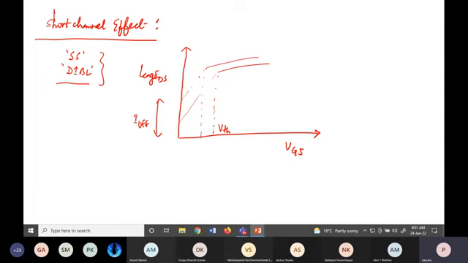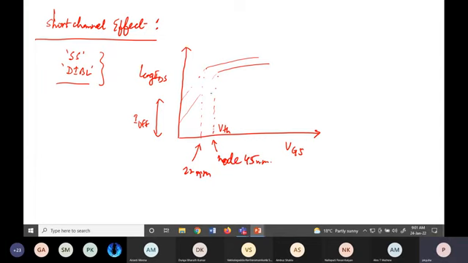So one is you are reducing the node. So this is node, say 45 nanometer process, and say this is 22 nanometer process. So as we have reduced the node or gate length, we have also reduced the threshold voltage.